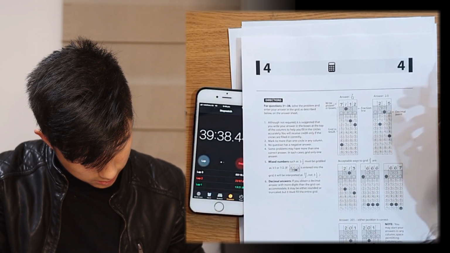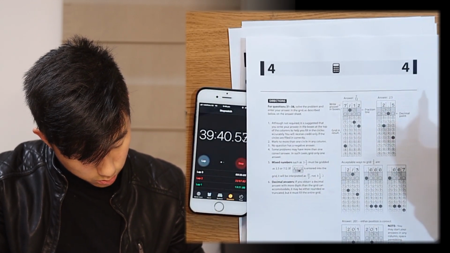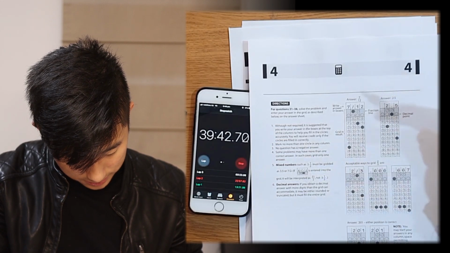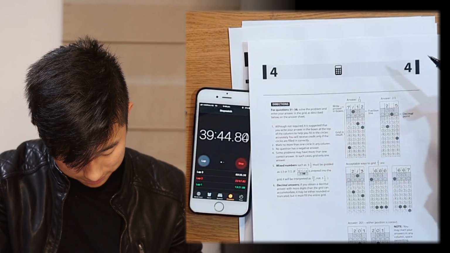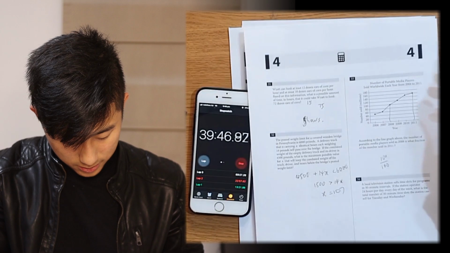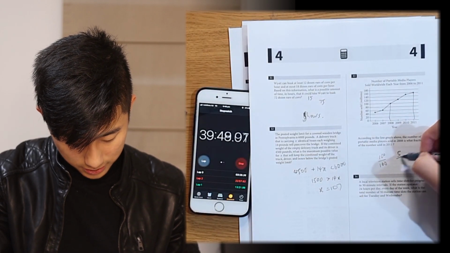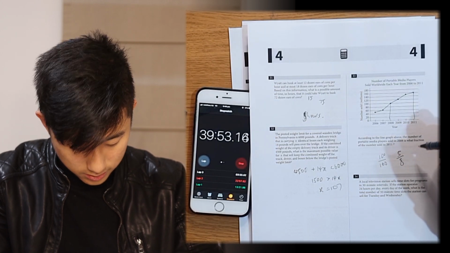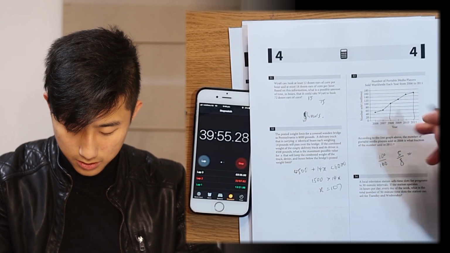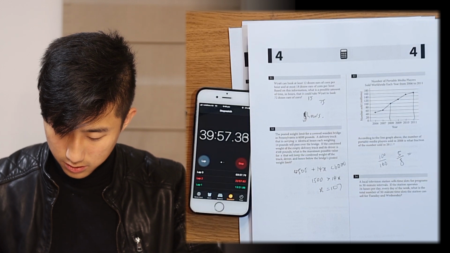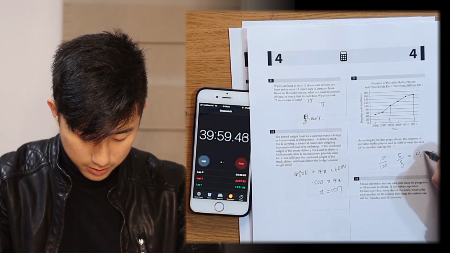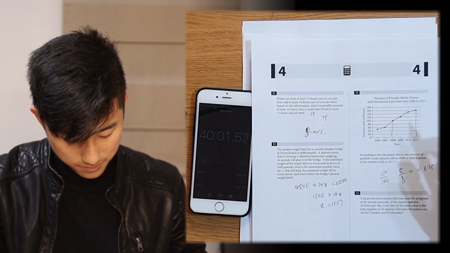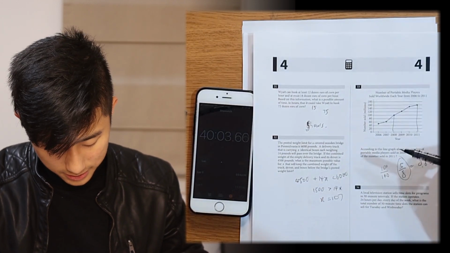Wait, so what do I need to write the answer as? Oh, okay, so it's something like that. So that's 5 over 8, or 0.625. But if you want fraction, that is it.